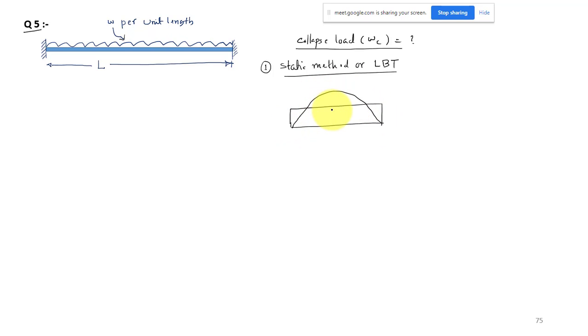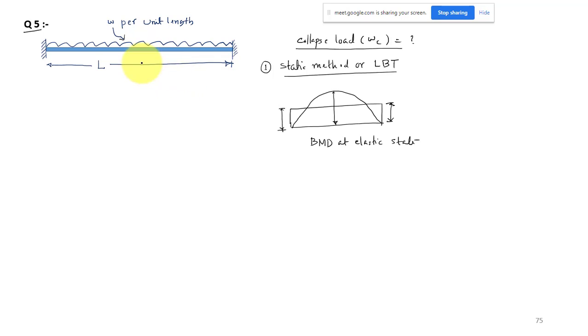If you draw the usual bending moment diagram at the elastic state, what is the value here, and here? What is the value of the moment at the fixed end?